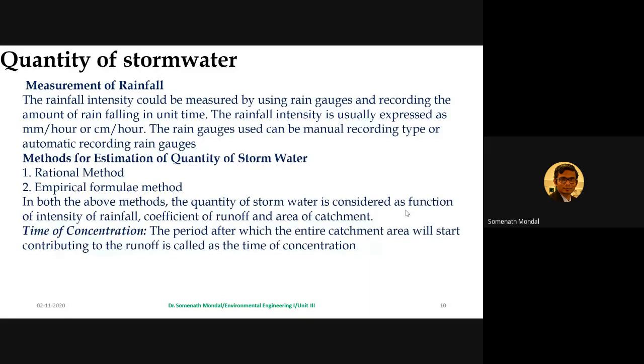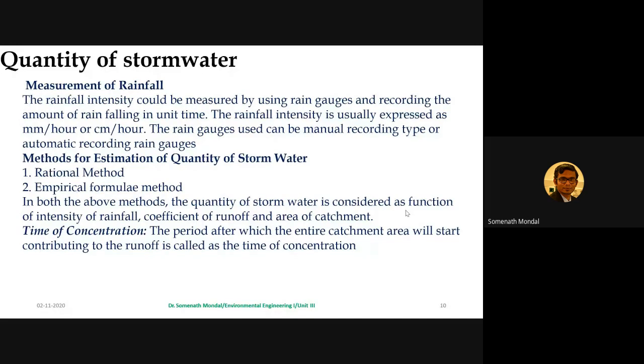In addition, if you go through engineering hydrology books, in the first chapter we discussed in detail how to measure the rainfall. Now the rain gauges used can be manually recording type, or automatic recording rain gauges are also available these days.